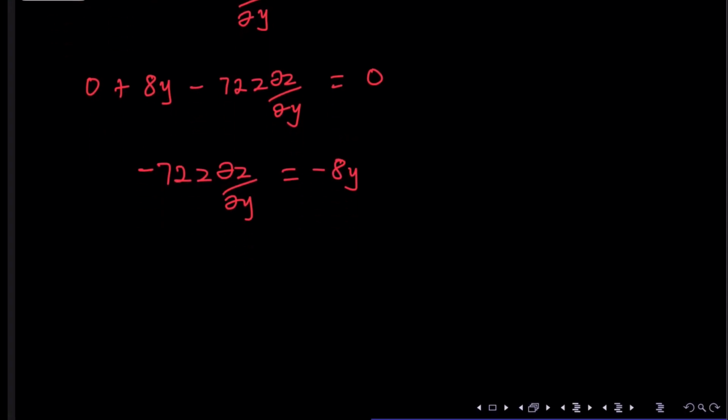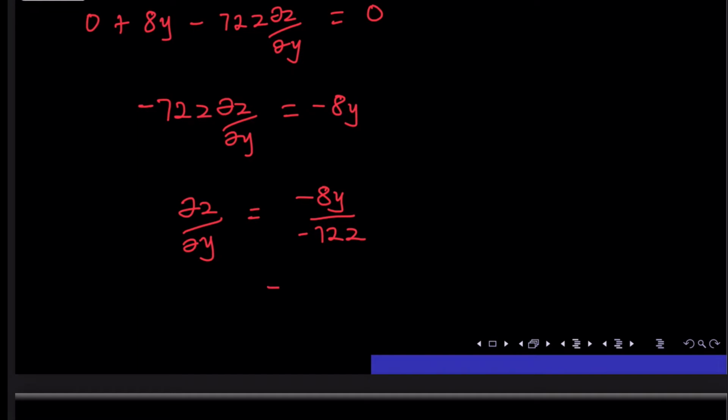So dividing through by the coefficient of ∂z/∂y gives ∂z/∂y to be equal to minus 8y on minus 72z, and that's going to give us y on 9z.